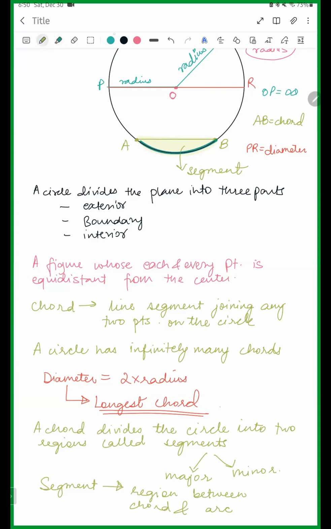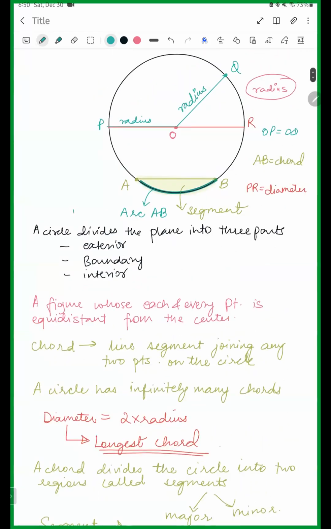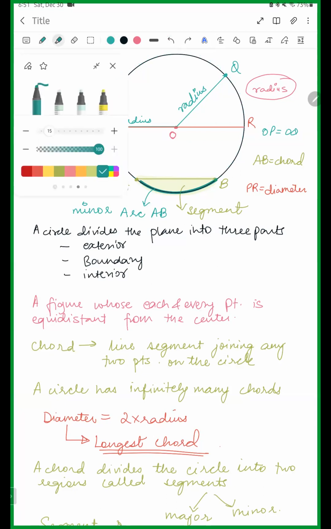And you will write it like arc AB because it's from A to B, right? Or you can say minor arc AB because it's the smaller arc. If you just write arc AB, it could also be the arc going from this point all the way till here. So this is also an arc, but that is the major arc.